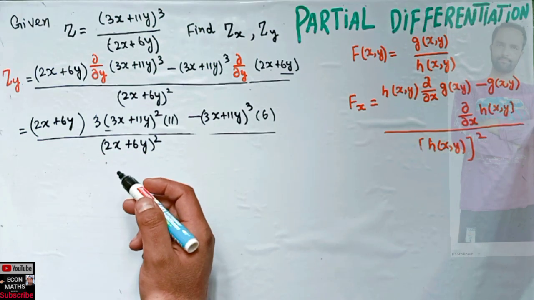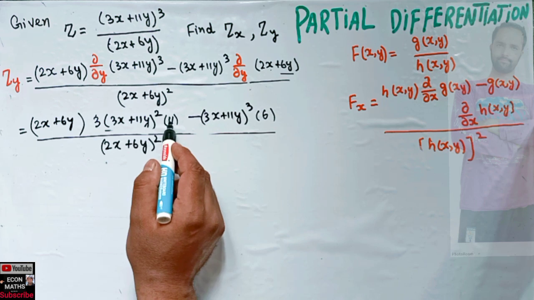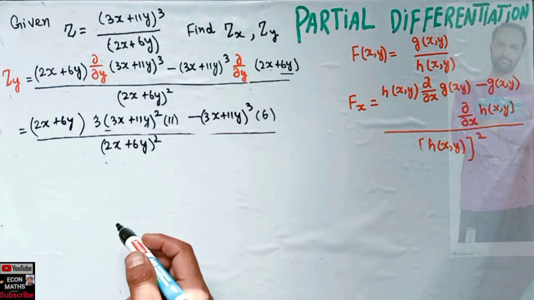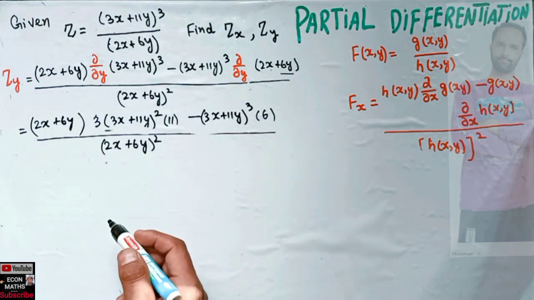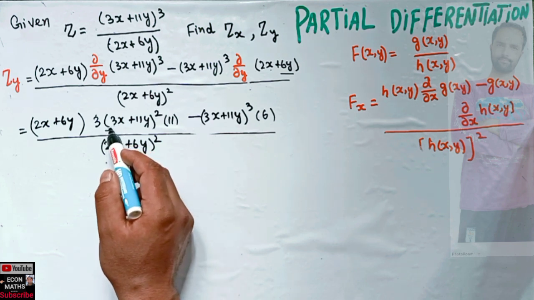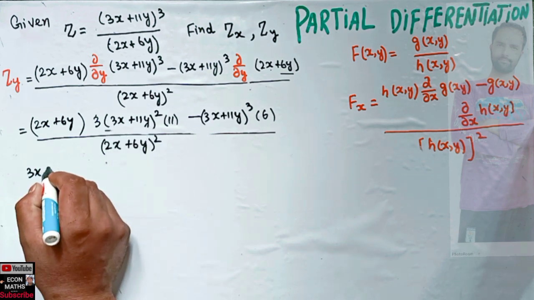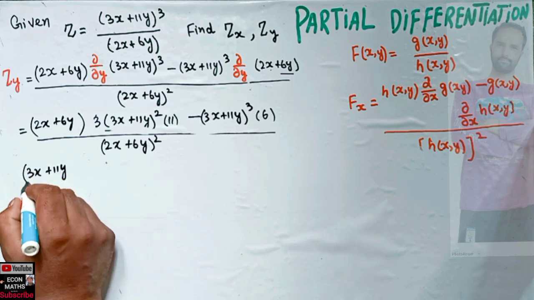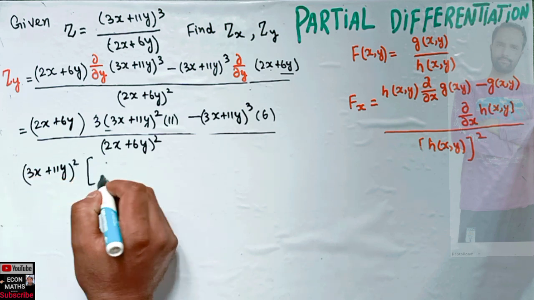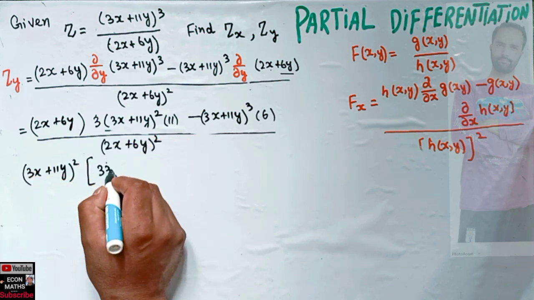Now we can do one thing here. We have 11 threes are 33. So we can first take this (3x + 11y) square common. Then we have 11 threes are 33.